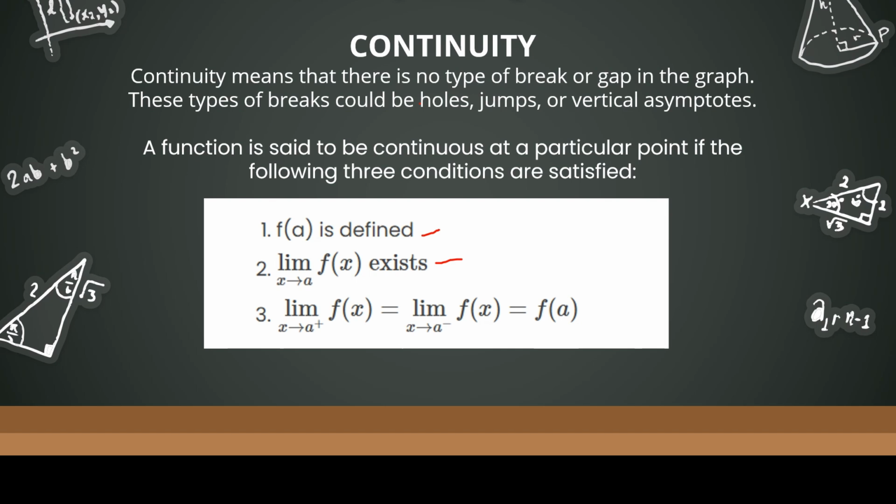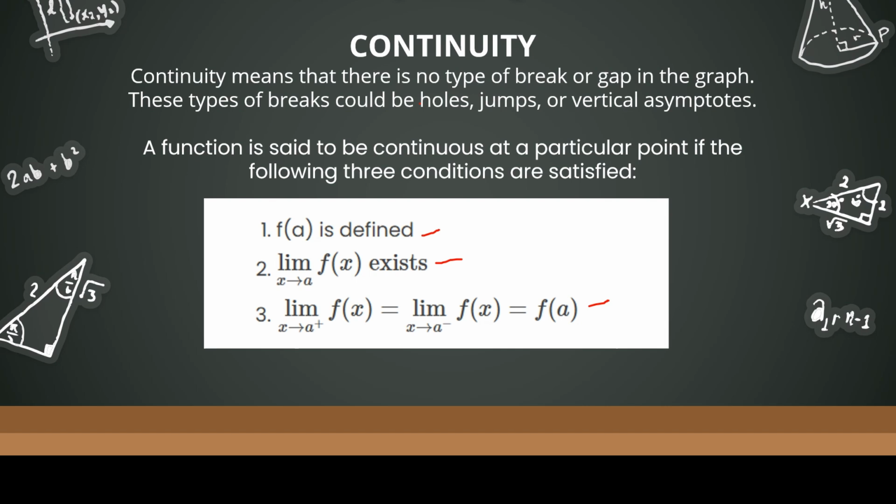The second condition is that the limit as x approaches a of f of x exists. So the left-hand limit and the right-hand limit must be equal. If they don't match, then there's a jump in the graph. And the last one is that the actual function value must be the same as the limit.